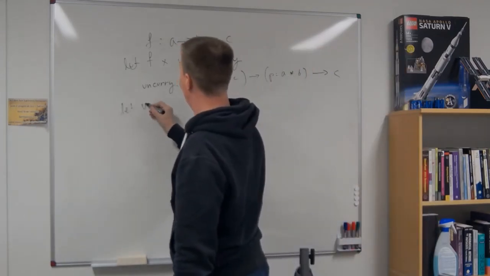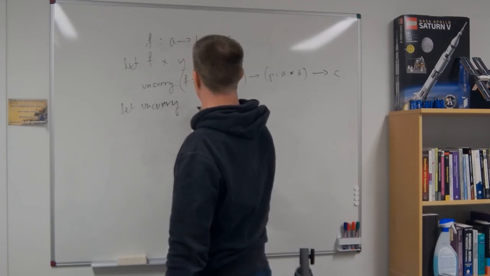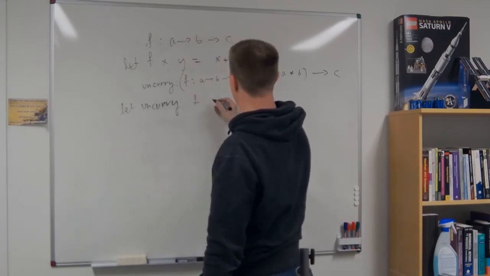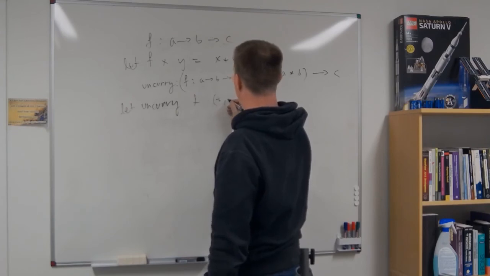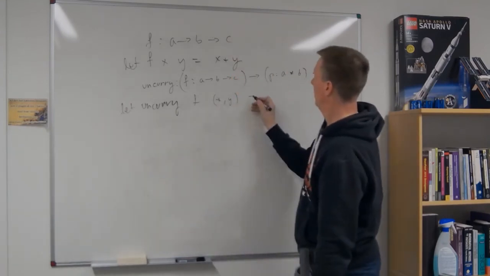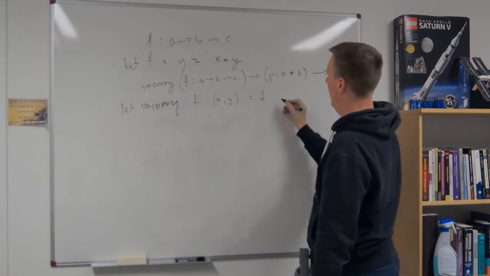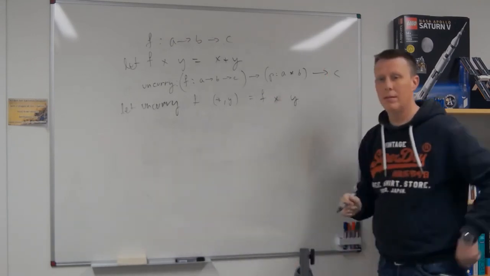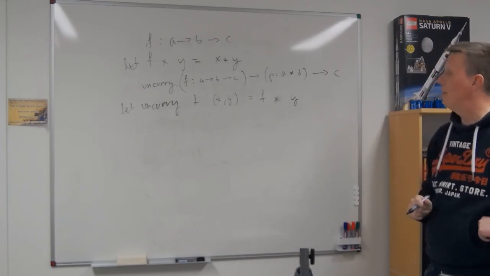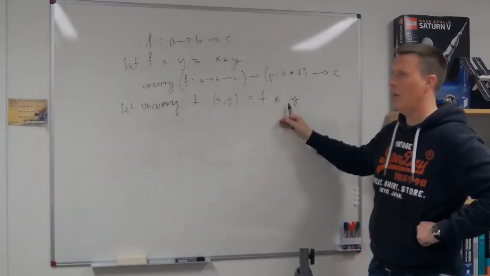Let uncurry take f and it takes x comma y, and the implementation is f x y. I just call f. I unpack the pair and I call f.